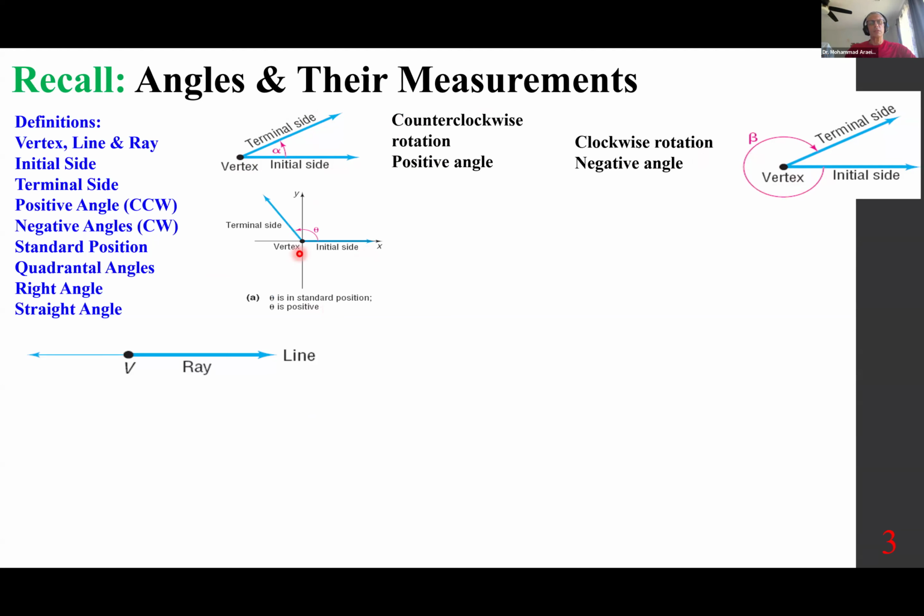Standard position: the initial side is along the positive side of the x-axis. The vertex is at the origin. So these two angles are in standard position. This one is positive because it's going counterclockwise. This one is negative because it's going clockwise.